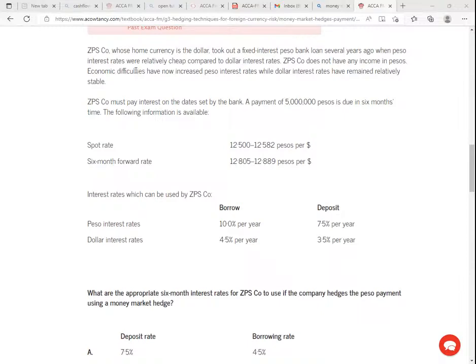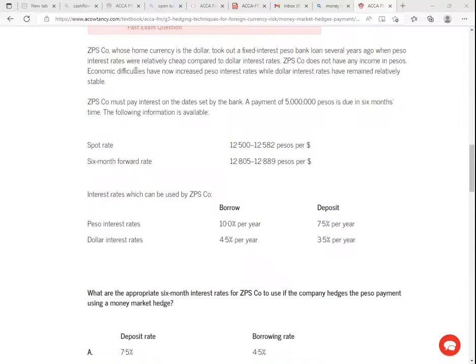ZPS company must pay interest on the date set by the bank. A payment of 5 million pesos is due in 6 months' time. They've given us the spot rate, the 6 months forward rate, and the interest rates which can be used by ZPS company.